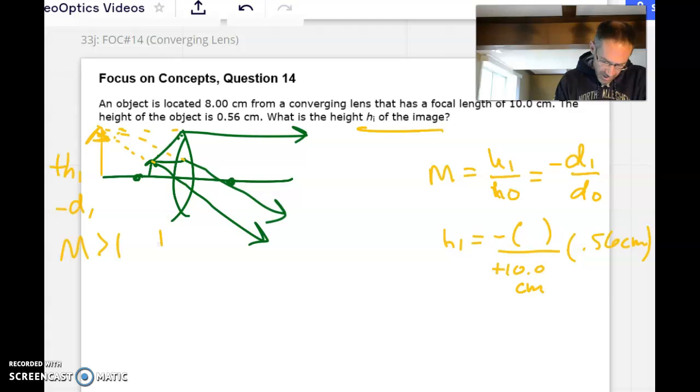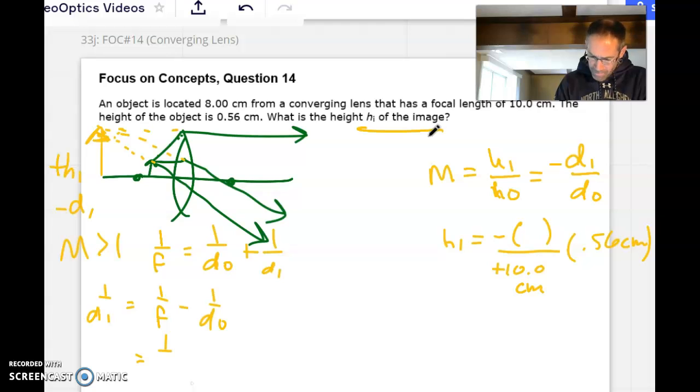I know that the thin lens equation is 1 over f equals 1 over do plus 1 over di. So how about I say that 1 over di is 1 over f minus 1 over do. So we're looking at 1 over 10 minus 1 over 8.